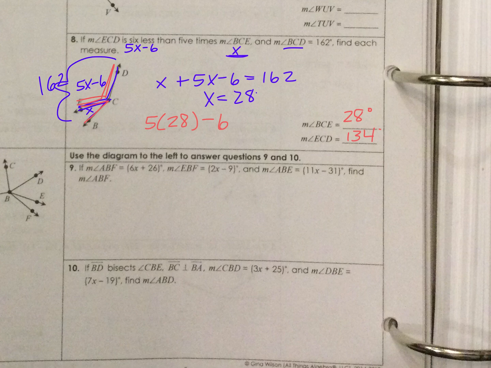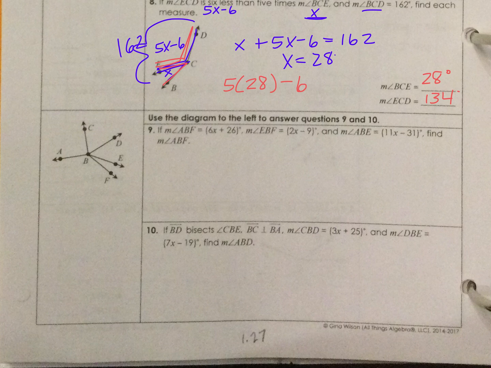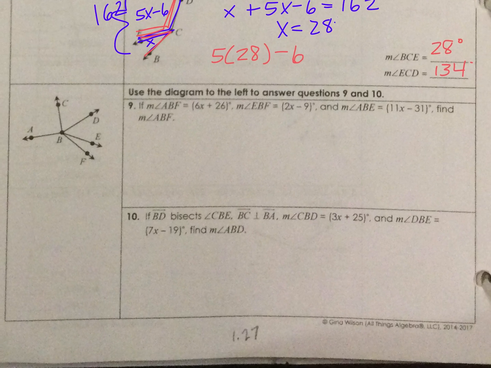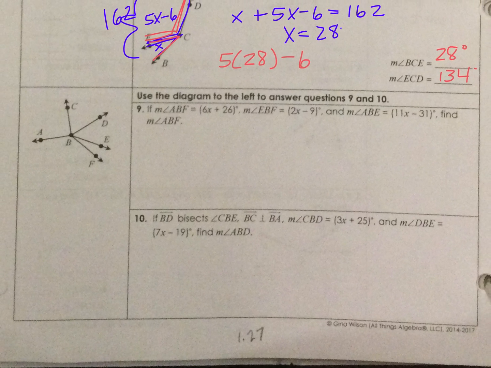All right, last two. We need to look at this big fancy diagram for this one though. It wants you to look at all of it and get confused, but we're only going to look at the important parts. ABF is 6x plus 26.